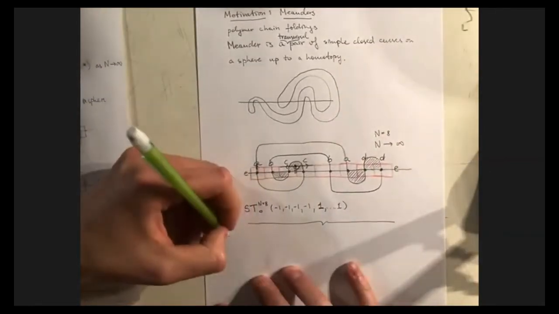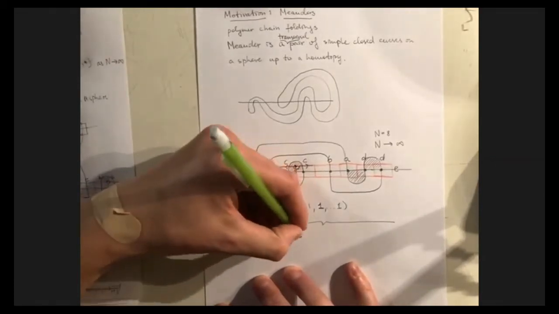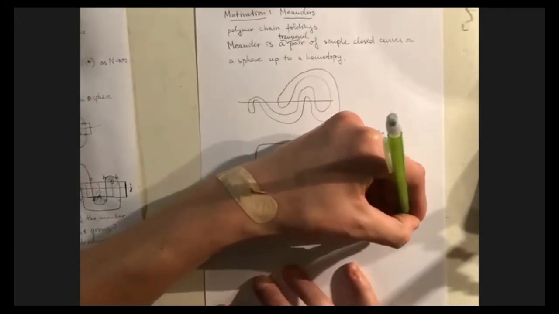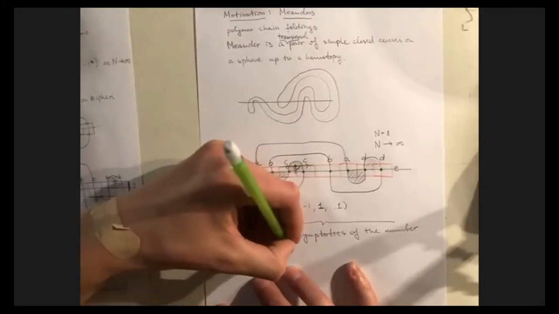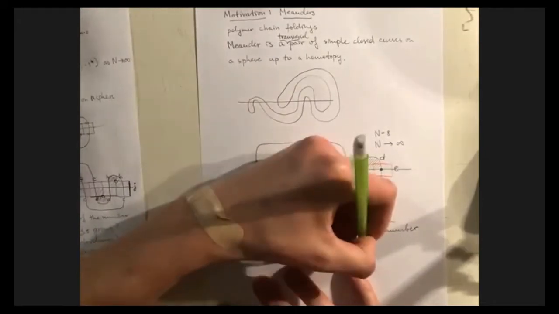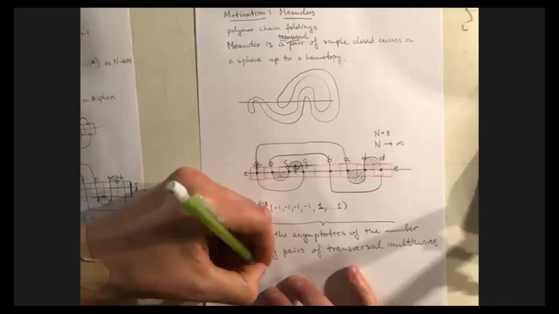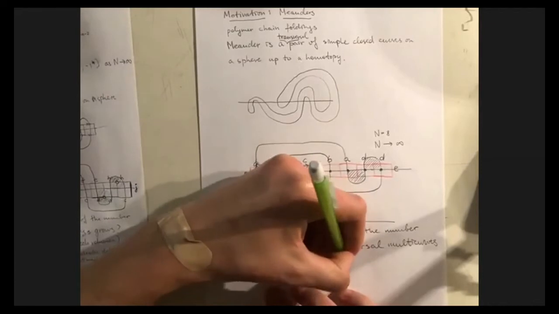The natural generalization would be: what is the asymptotics of the number of filling pairs of transversal multicurves on a genus g surface as the number of crossings grows?